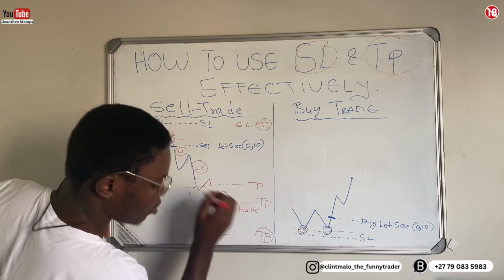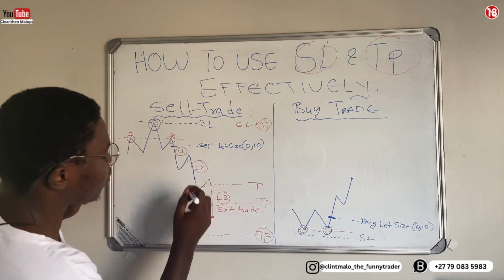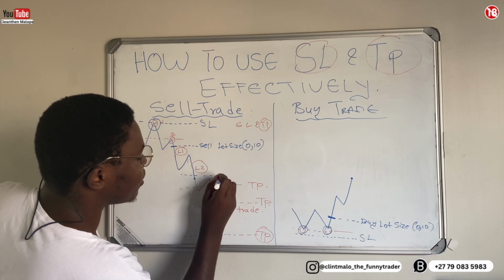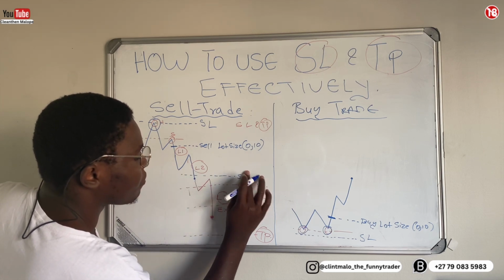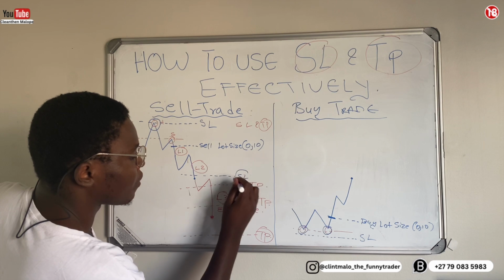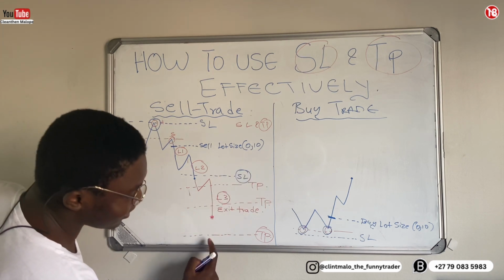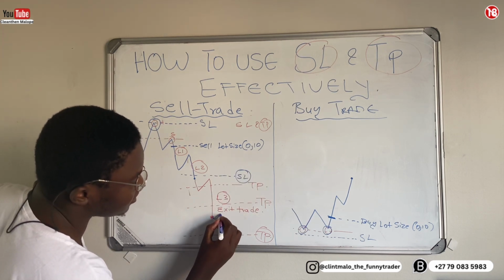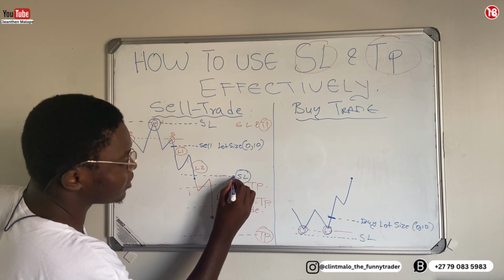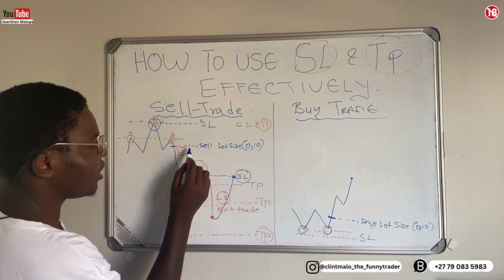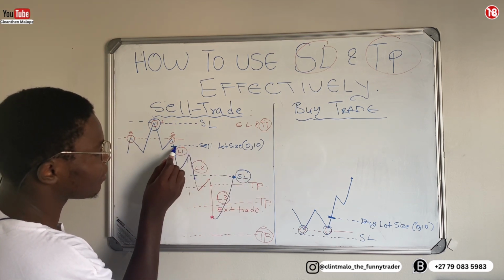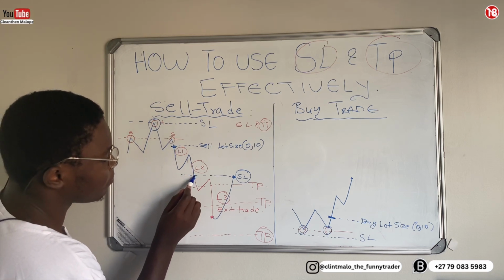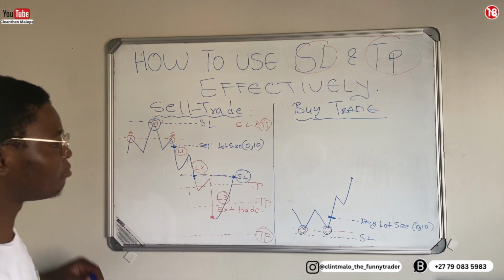So this is where your stop loss is now. This is where your stop loss will be. So now if the market never reaches a take profit and it reverses, it hits the stop loss, you've already made a profit of from here to here, where your stop loss has been moved to.